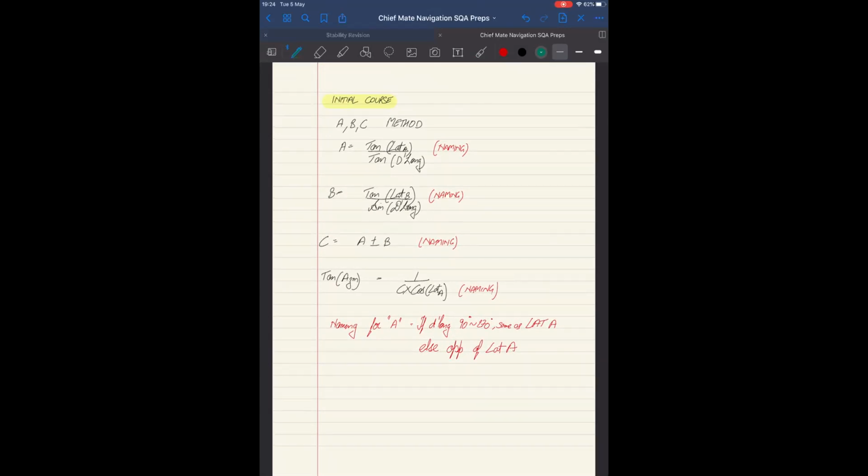If our D long becomes 75 and the latitude of A was north, then it will become opposite of north, which is south.